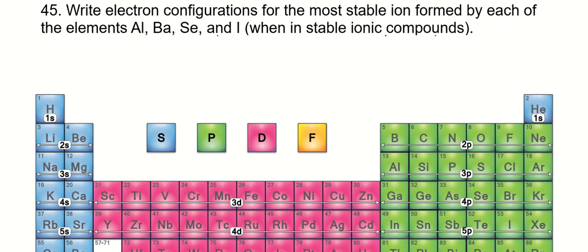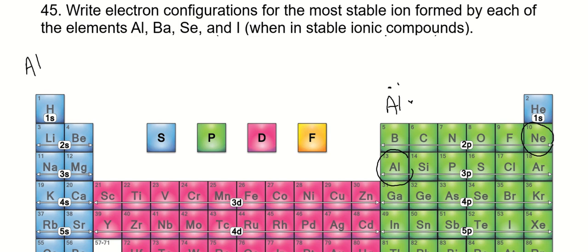So aluminum is over here. It has three valence electrons, two in the valence s and one in the valence p, and it's going to tend to lose those three to be isoelectronic with neon, to have 10 electrons, and to have the same configuration as neon.